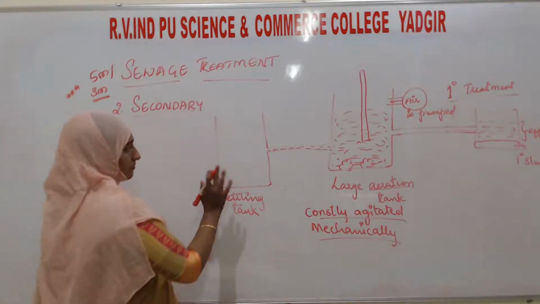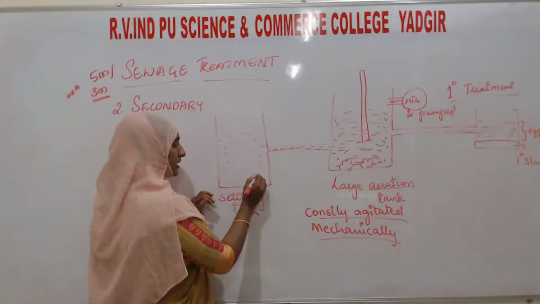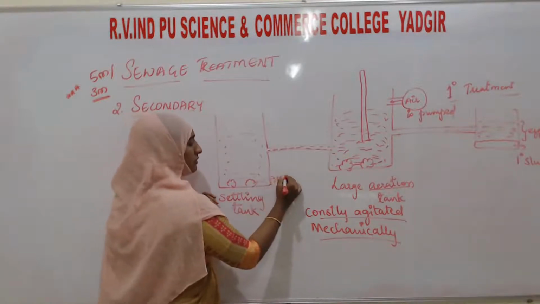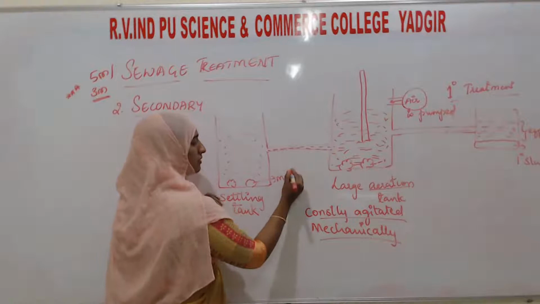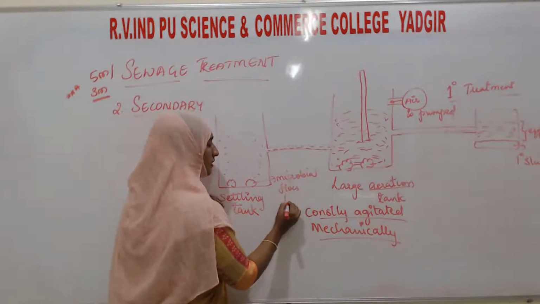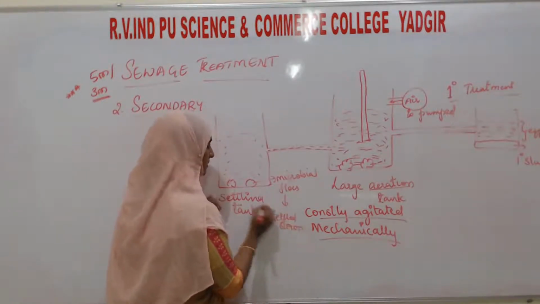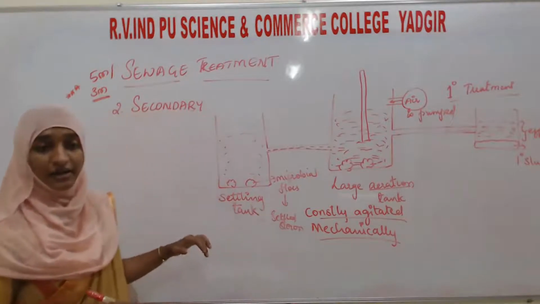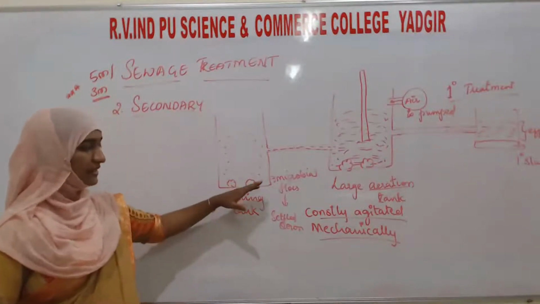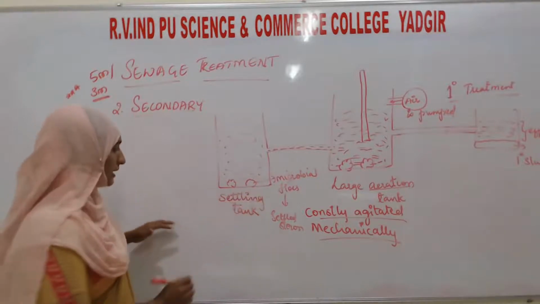Here, the same effluent, the liquid part, will be there, except that, as I told you, there will be presence of microbial floc, which is settled down. By name itself, something is going to settle down. That's why we are calling it the settling tank. So here, the microbial floc is going to settle down in the settling tank.